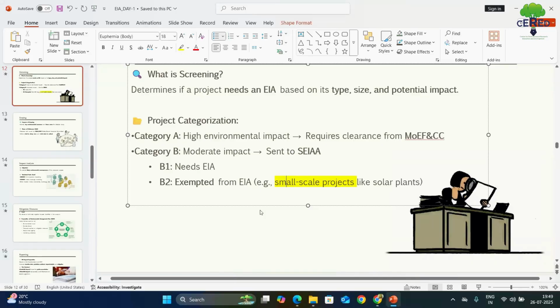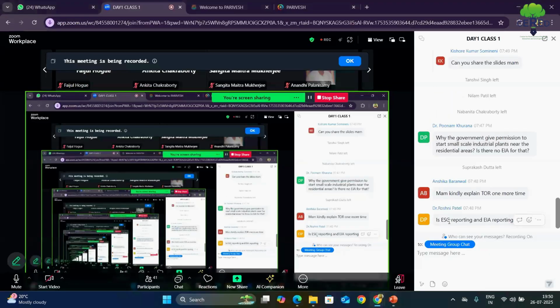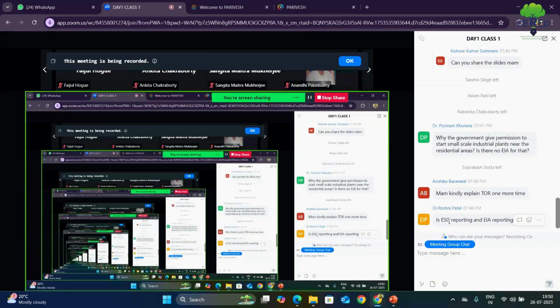For the B2 category project, which is small scale projects, the EIA report is exempted. So in that case, the proponent or the consultant prepares an EMP report, which is Environmental Management Plan report. So that's why the EIA report is not compulsory for small scale industrial plants.